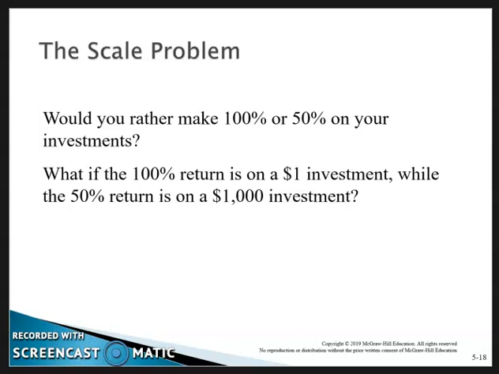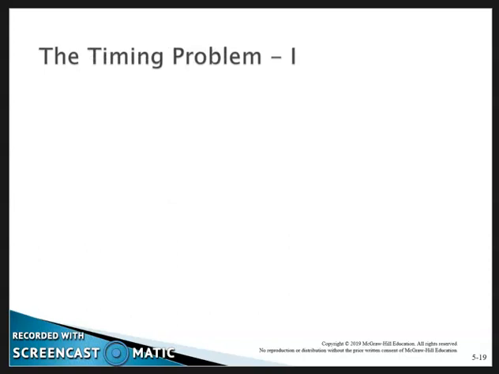So this can be the case with projects of different size. This is one of the big reasons why NPV is preferred, because it doesn't matter necessarily the size of the project. It's the increase in the value to the firm.